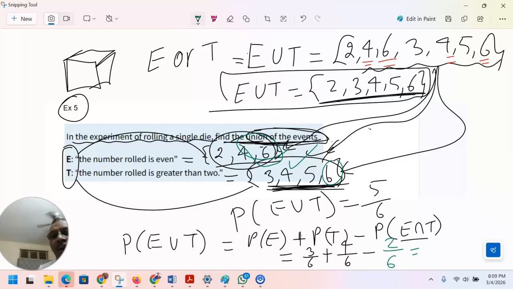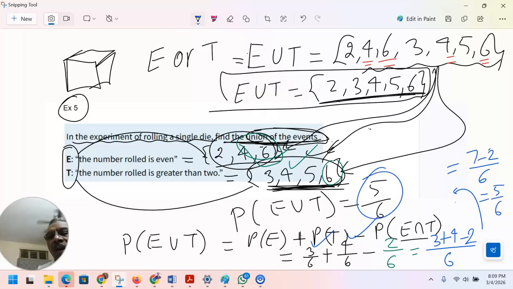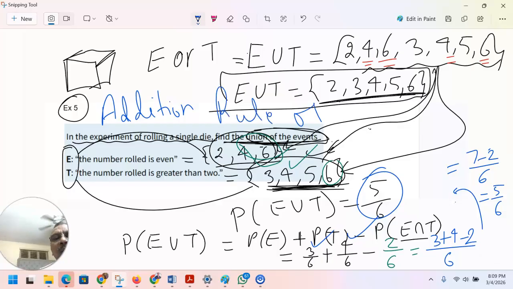The denominator is the same, so you put 6, and then 3 plus 4 minus 2, which is 7 minus 2, divided by 6. You get 5 out of 6, and that's it. Did we not get 5 out of 6? So this helps you see how to use the addition rule of probability.